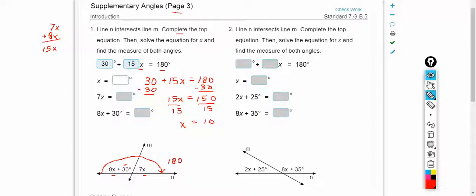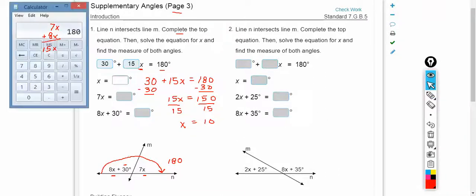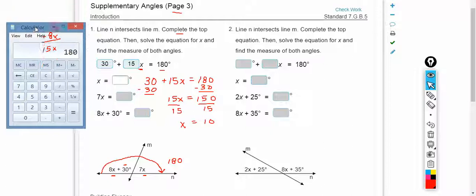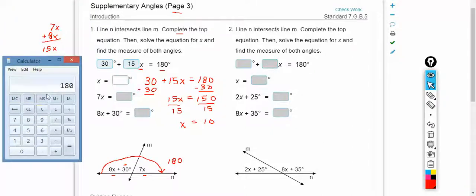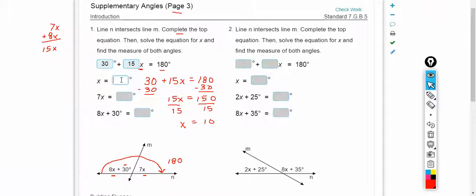You can work that out on your calculator. Okay, you should be working this out on your calculator just like me. Okay, so we know that this x equals 10.